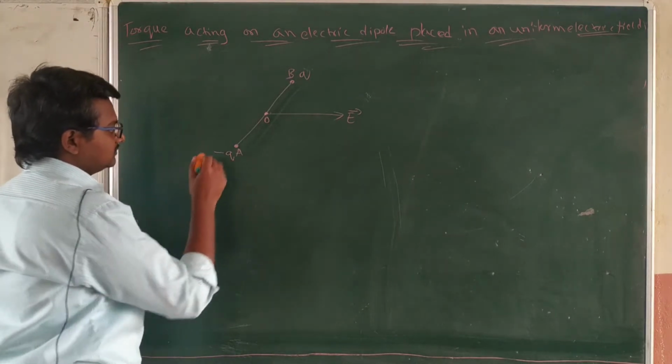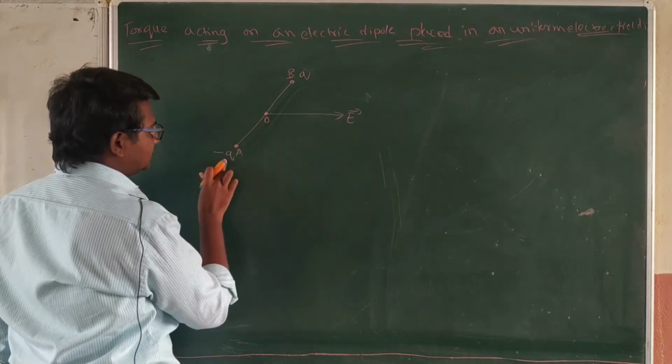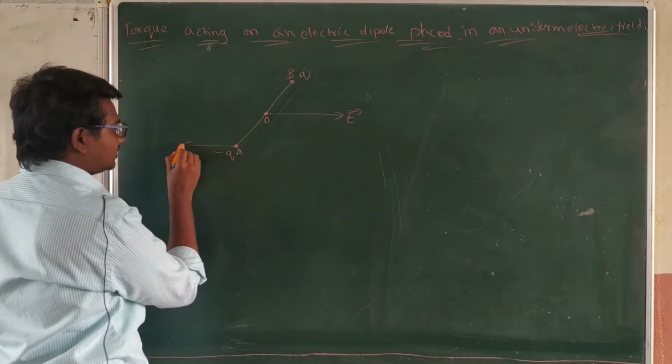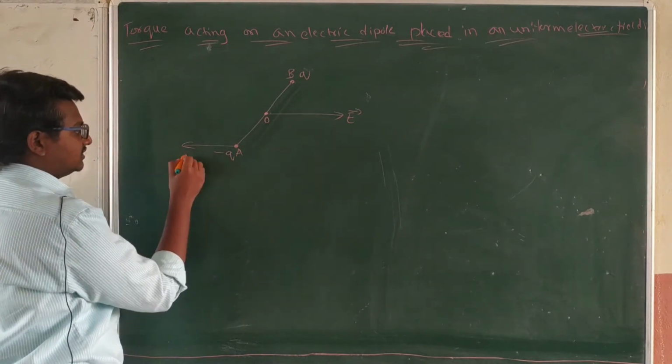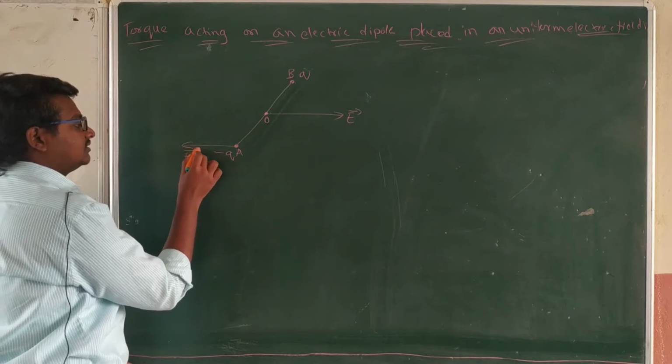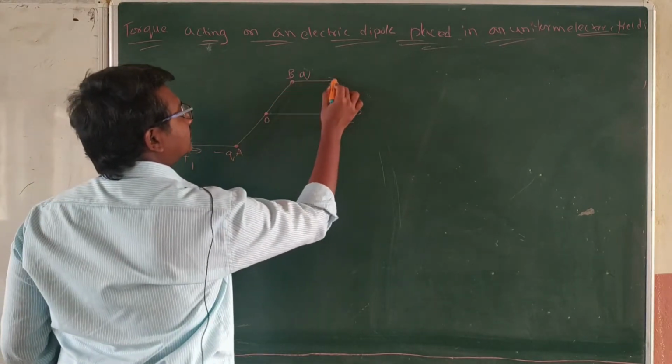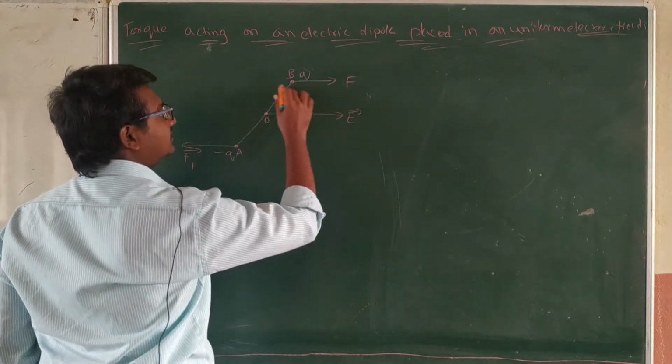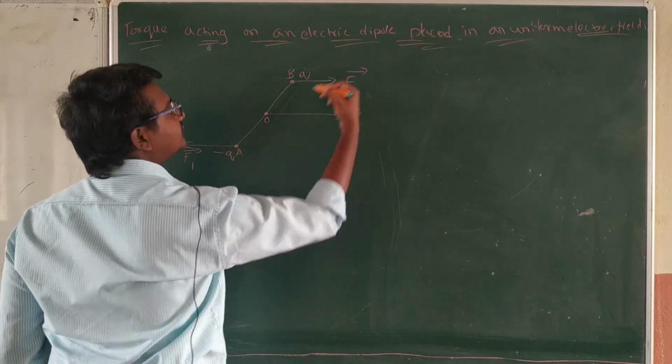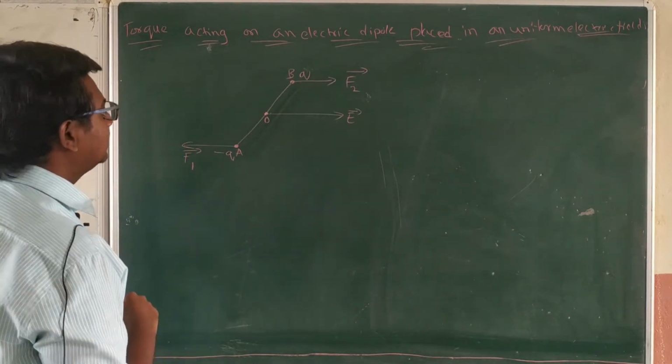Here, due to this electric field on this negative charge, there will be an attracting force towards the left, that is F1 bar, and on the positive charge there will be a repulsive force F2 towards the right side, like this.